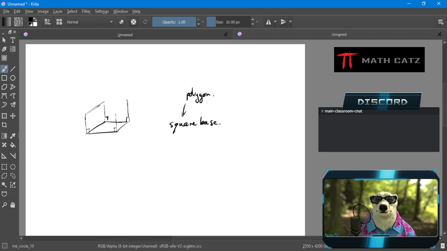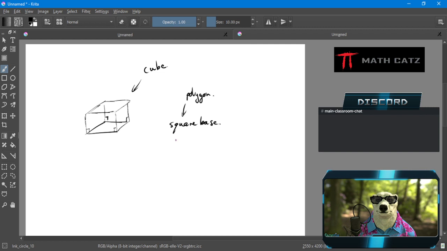And then the same, this is a very ugly drawing, the same shape as the base at the top as well. And there is my cube.